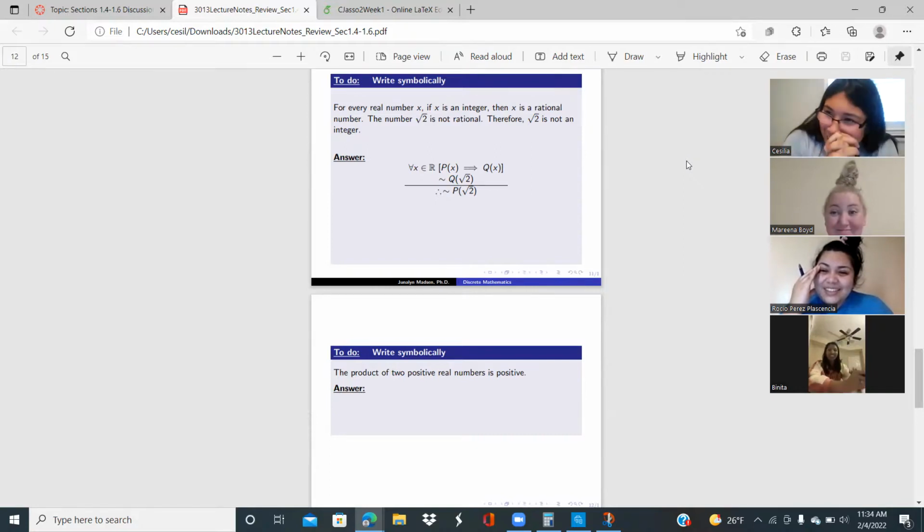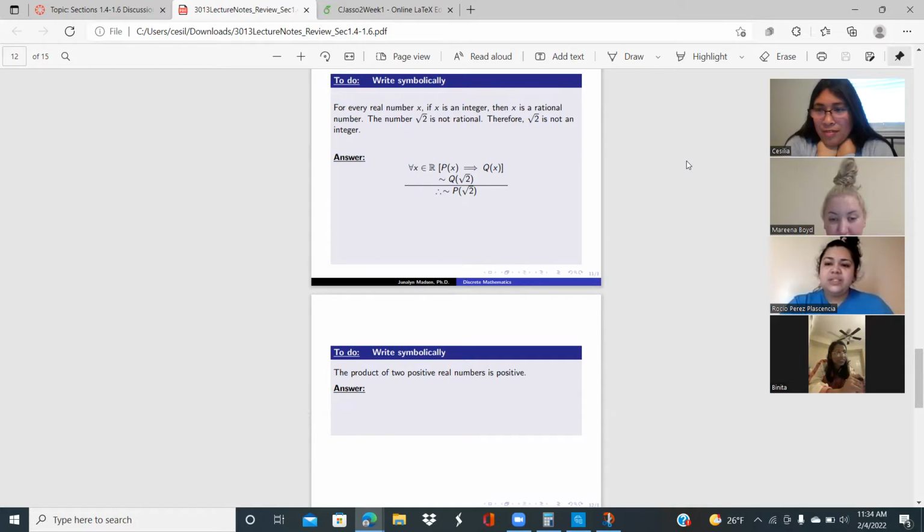Okay. For every real X, it's the exact same thing. That downward A with the X is saying for every X. And since X is an element of the real numbers, it's for every real number X. Then P of X arrow Q of X: our P of X is X is an integer, and Q of X is X is a rational number.